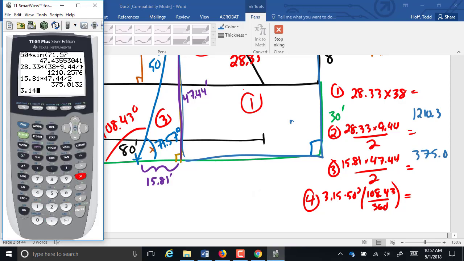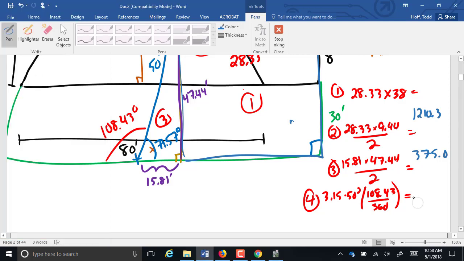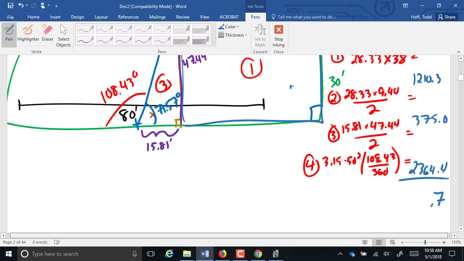I don't know why I put 3.15 there, but times 50 squared times 108.43 divided by 360. 2364.4. So we add that all up. These two I combined. So 3,949.7 square feet is the total of the whole thing.